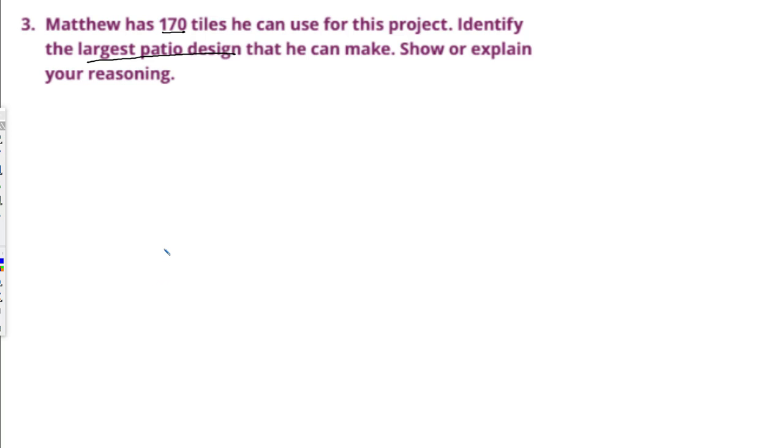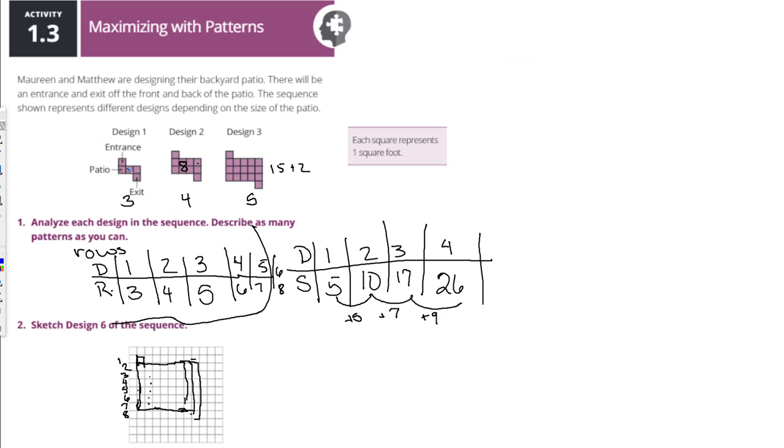Let's find out, what can I do to figure out the largest design that we can make? And so if we look at the way it was designed each time, think about how I was showing you how I did these numbers down here. What I did was I did 2 times 4.